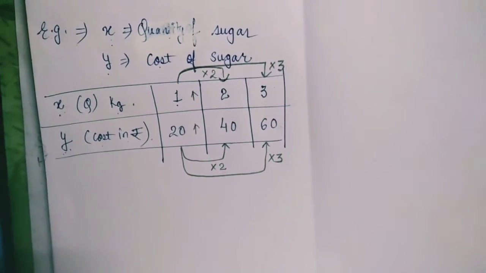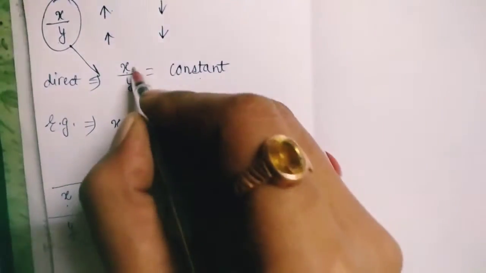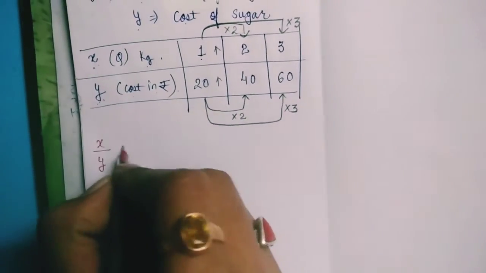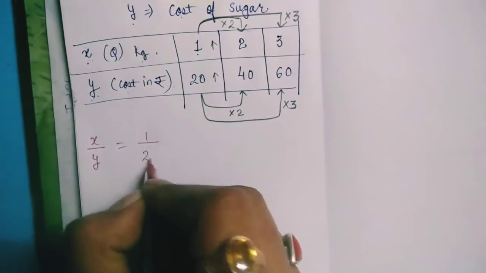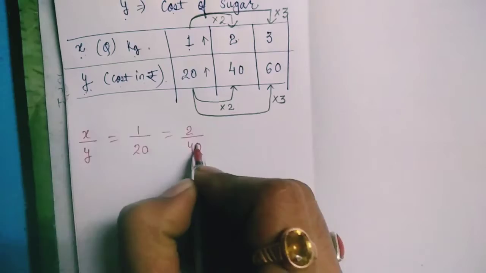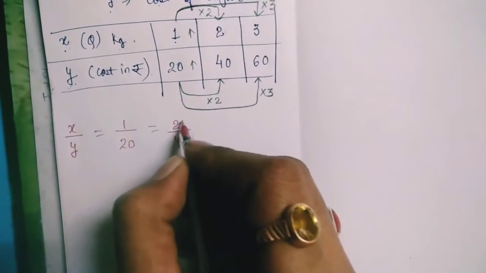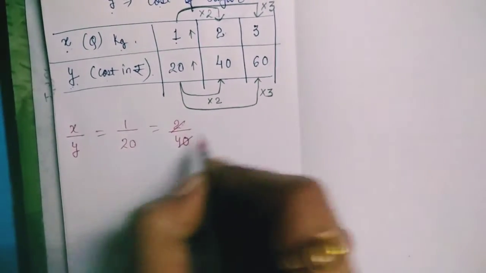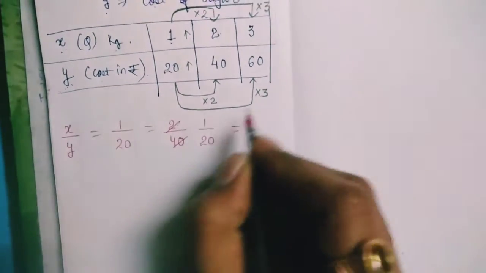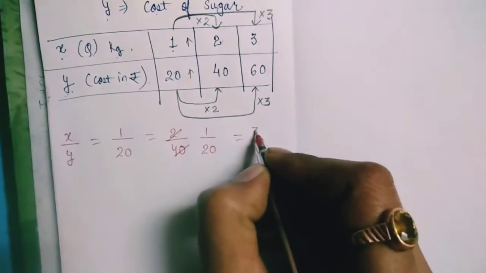We can check why x by y will be constant. If we compare x by y, the first value is 1 by 20, the second value is 2 by 40. When we convert 2 by 40 into its simplest form, it gives us 1 by 20. The third one is 3 by 60.